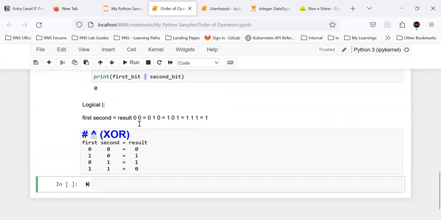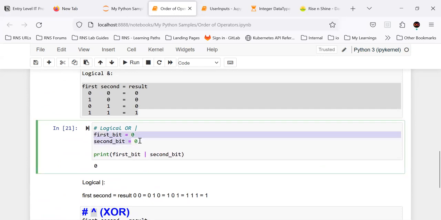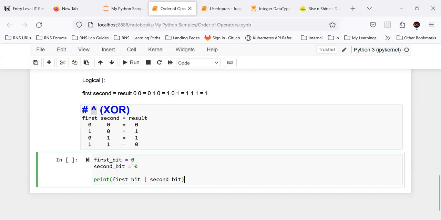Now let me show some examples on this. First bit, second bit, I'm going to use the caret symbol here between the first variable and the second variable. Now, what is the value of this one? If I execute this program, what value are we expecting?